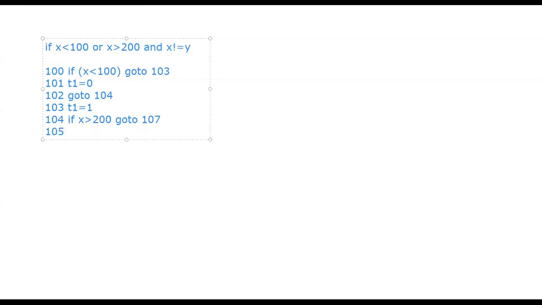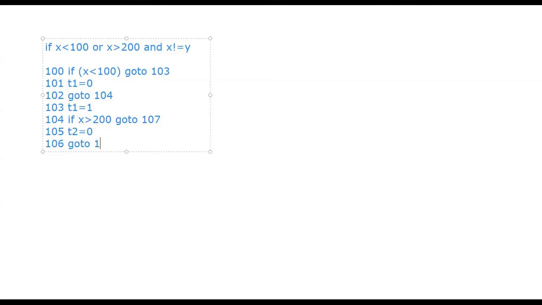So at line number 105, I have written T2 is equal to 0. If this condition is false, T2 is equal to 0. I've already told you that T1 is represented by x is less than 100 and T2 is represented by x is greater than 200. So at line number 106, what have I written?